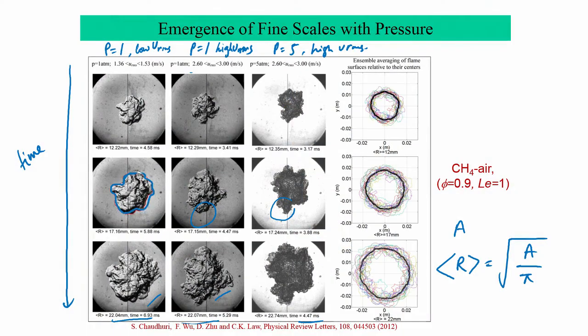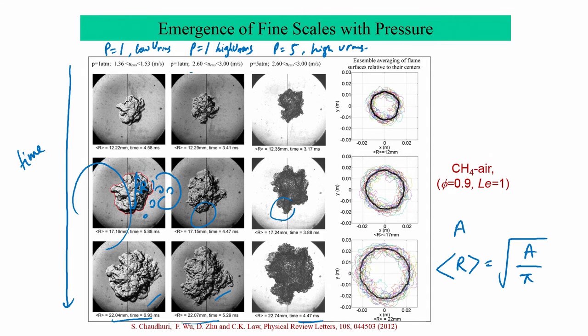So at a given radius r, only eddies which are smaller than this radius r can stretch and fold it. That is the idea. Whereas if you have a larger eddy, it cannot stretch and fold it, it can only push it.